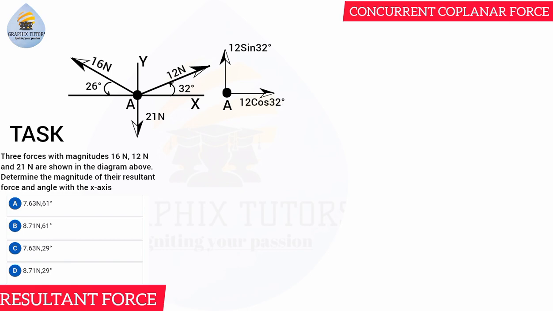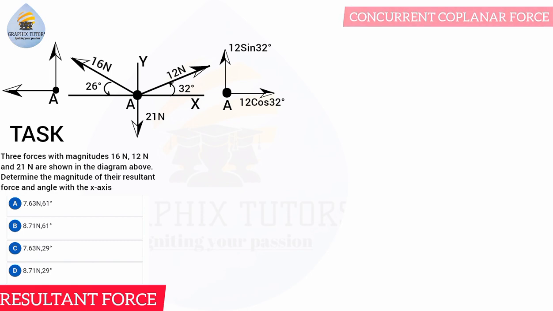Now we will look at the other inclined force, which is the 16 Newton inclined at 26 degree. The same thing applies. Bring out the y and x axes, let them form two perpendicular lines coming together. Since the arrow is acting outward from point A, the arrow here will be going outward.